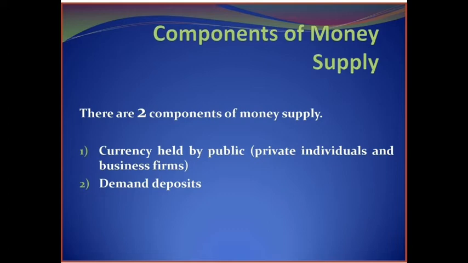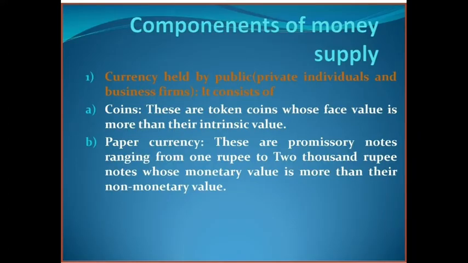So children, the two components of money supply which can be directly used for transaction, or transaction money, are currency held by the public and demand deposit.